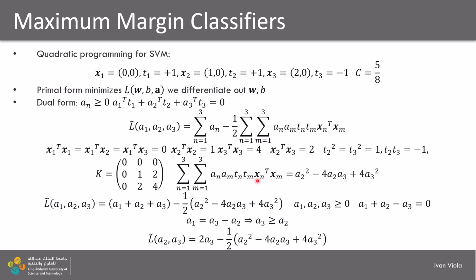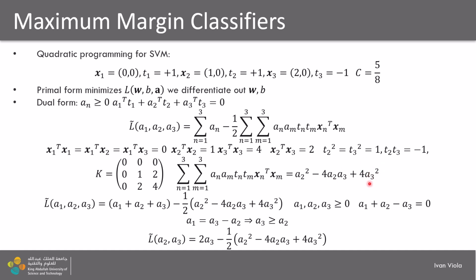So we have minus 2 a2 a3, and if we have 3 here and 2 there, the same will be the outcome. So we have twice that term, and therefore minus 4 a2 a3. And when both n and m are equal to 3, then here is a3 times 1 and times x3 transpose x3, which is equal to 4, so we have the term 4a3 squared.